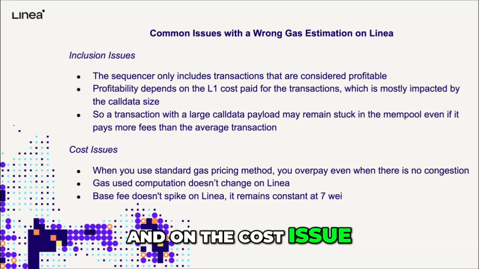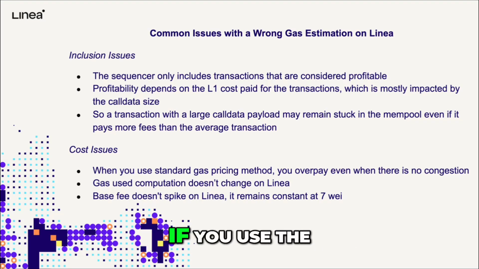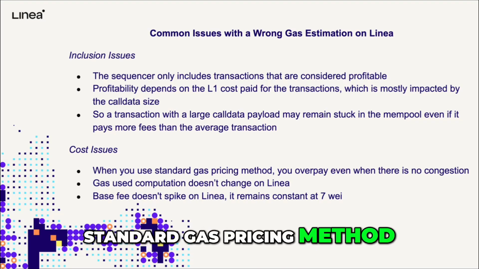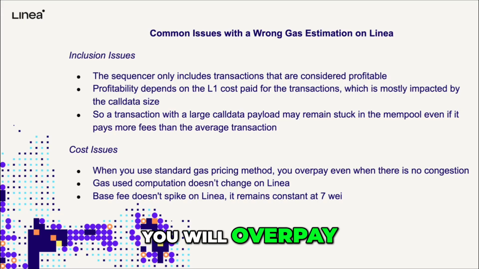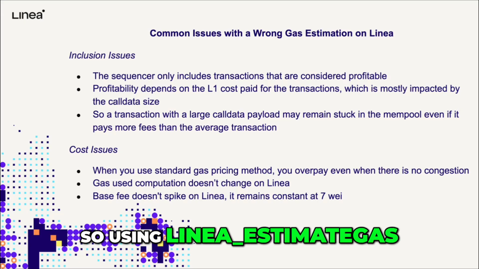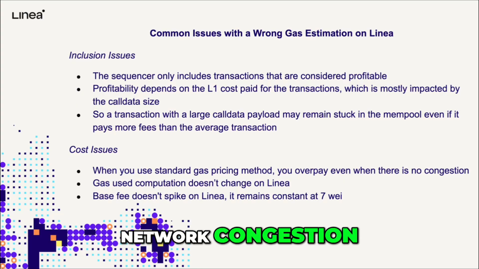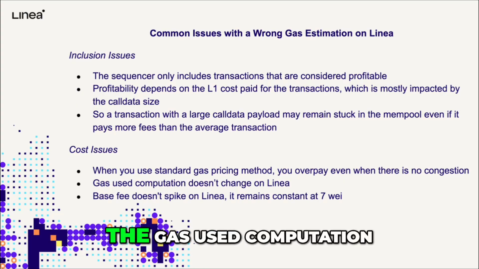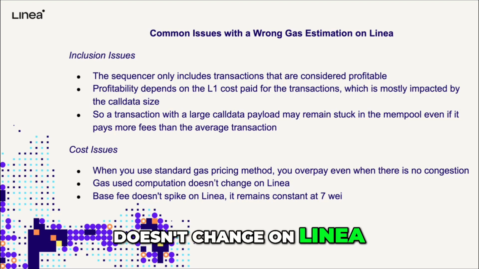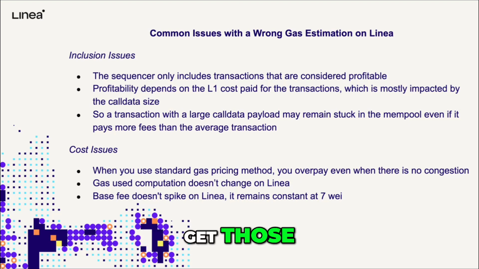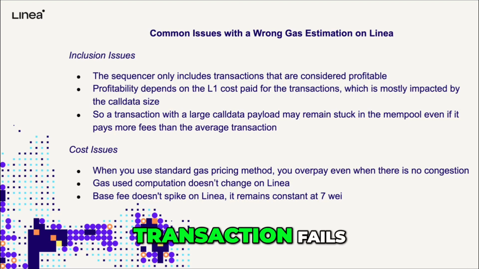And on the cost issue, when there is no network congestion, if you use the standard gas pricing method, you will overpay. Using Linea estimate gas will give you better and lower pricing when there is no network congestion. Two important notes as well: the gas used computation doesn't change on Linea, so you should not get out of gas transaction failures.